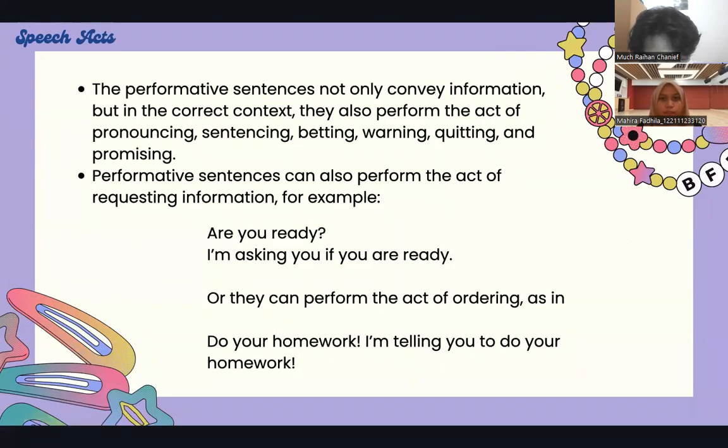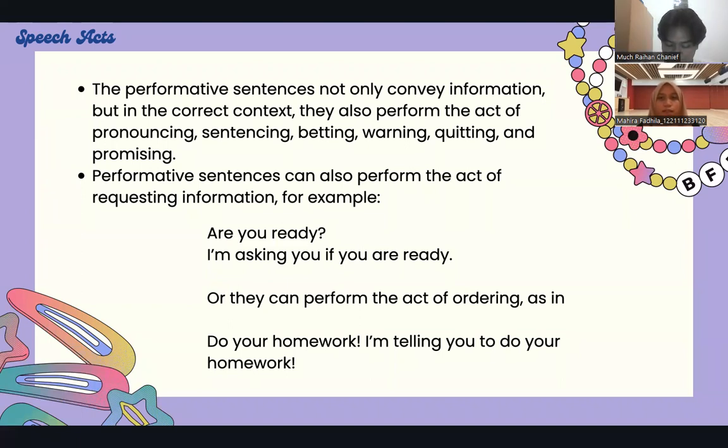These performative sentences not only convey information, but in the correct context, they also perform the act of pronouncing, sentencing, betting, warning, pleading, and promising. For instance, if a judge at the end of a trial says, I hereby sentence you to 10 years in prison, the defendant will spend 10 years in prison unless the judge's statement is reversed or modified.